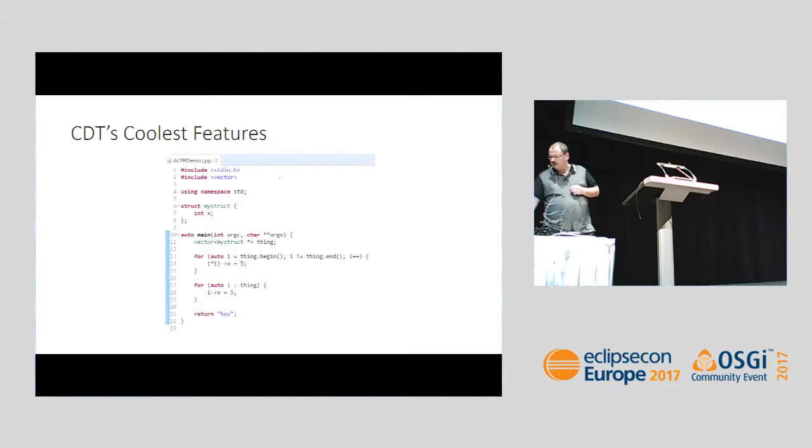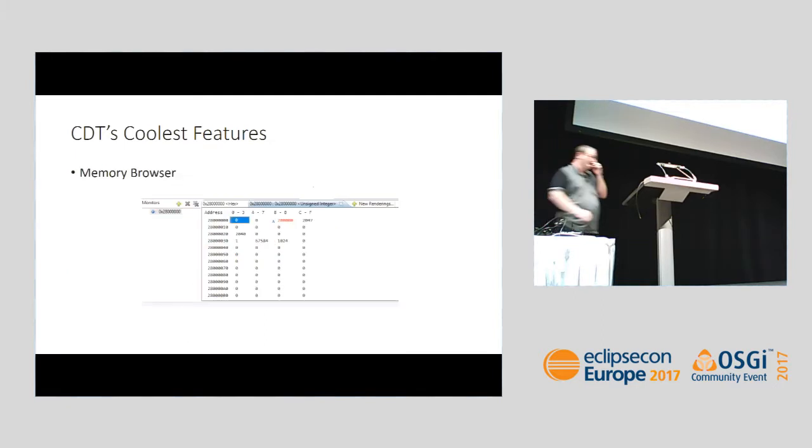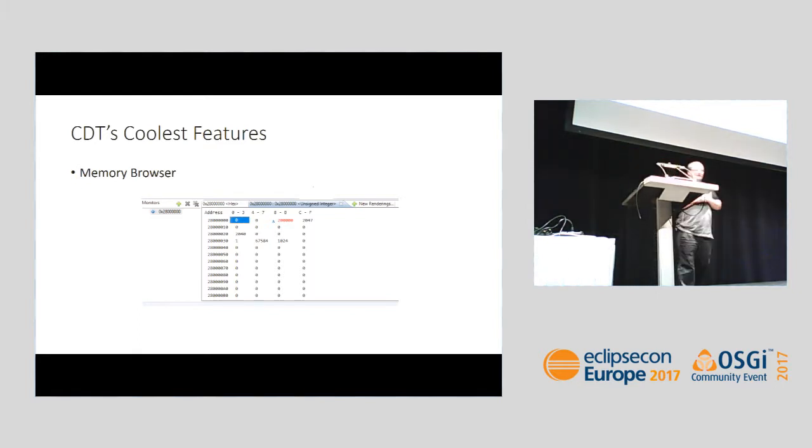There's a picture. And for debugging, I just wanted to highlight a couple things. These are things I used in the last couple of weeks. There's a memory browser, which talks to the debugger to get the chunks of memory so you can take a look. In this case, it was very helpful because I'm writing a device driver for a board support package. I was curious what all the register values were at any given time, and this was able to show me.